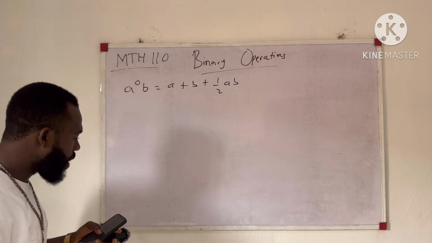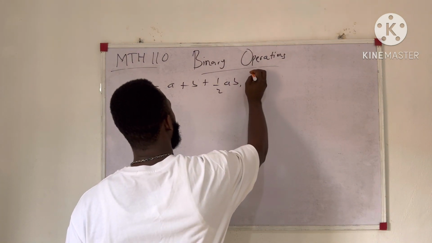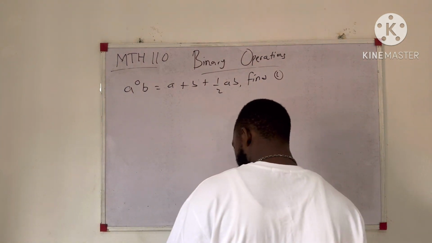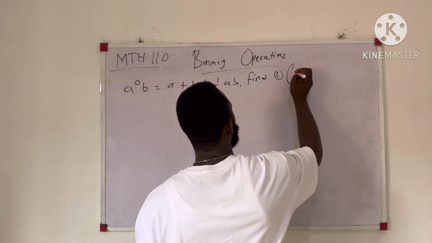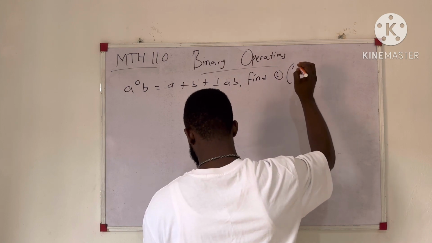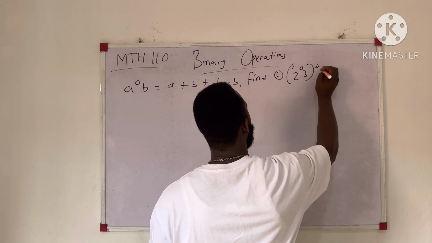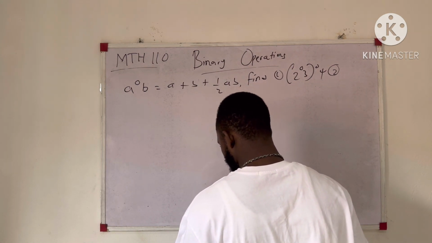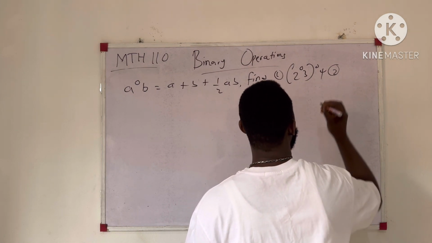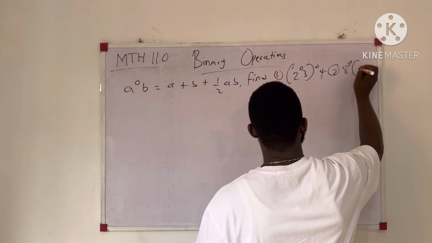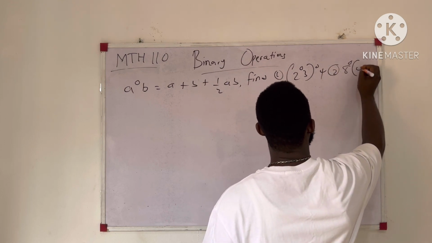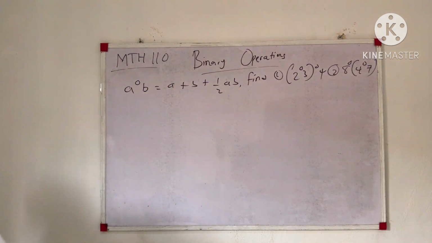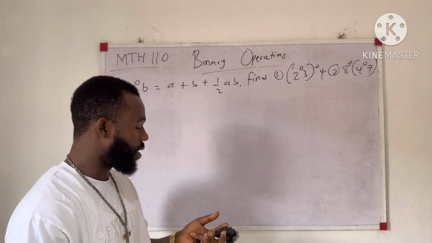Now we are told to find: number 1, (2 operation 3) operation 4, and number 2, 8 operation (4 operation 7).